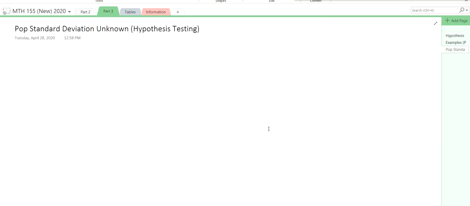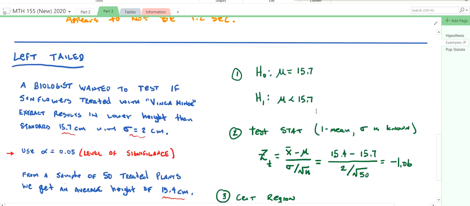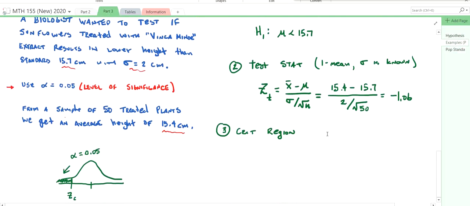All right, popping back down to my examples here. So my z crit here is equal to minus 1.65. Let's write that over here. Z crit equals minus 1.65. Now I'm going to take my minus 1.06 and see where it falls in this plot.